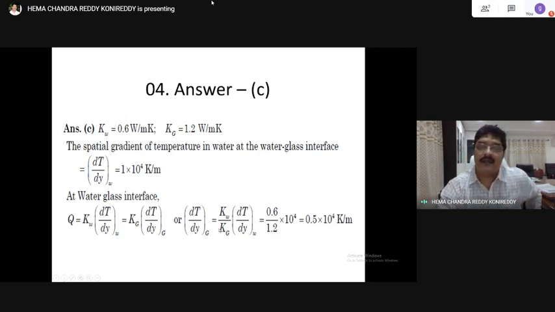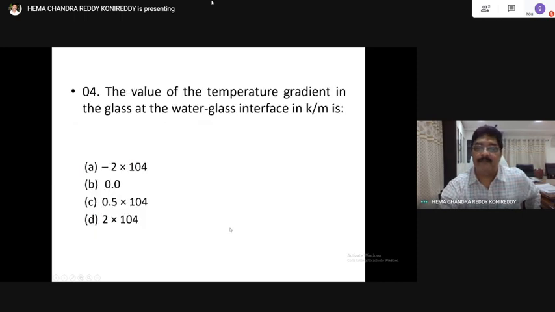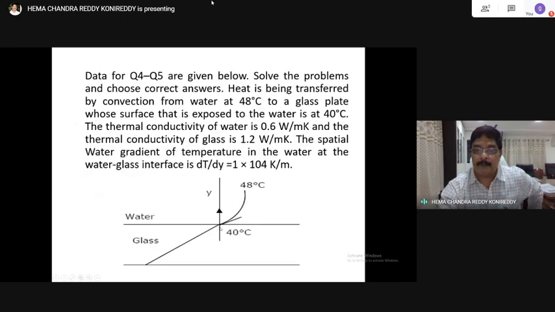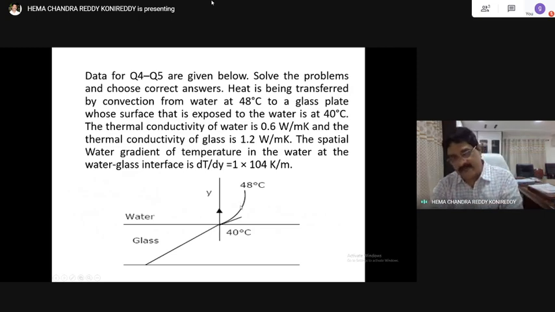So there is no big logic here. At this interface, whatever heat comes from the water to the glass, the same heat goes from water to glass, right? So dT by dy of water gives you how much heat is conducted by water into the plate, and the same heat is gained by glass, and that is K of glass multiplied by dT by dy.